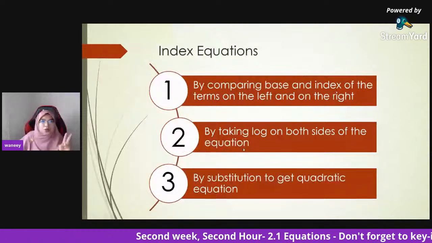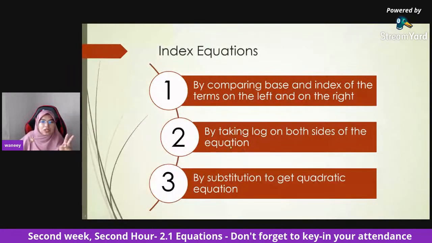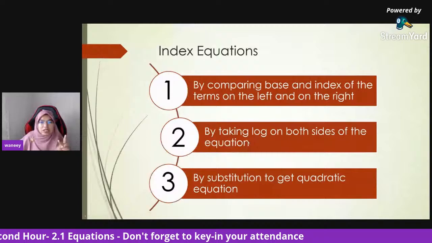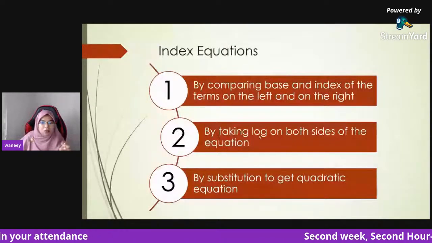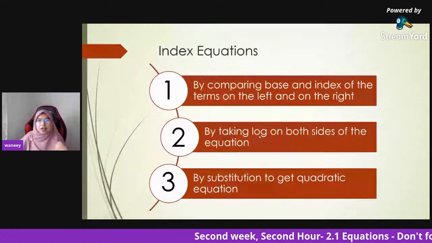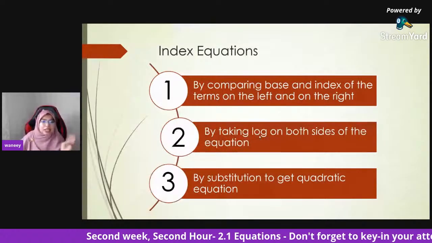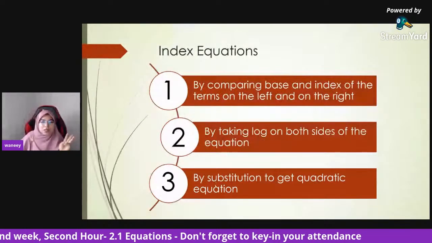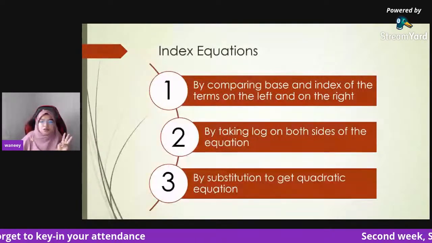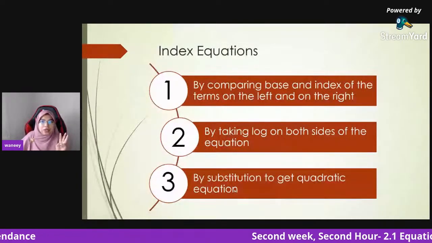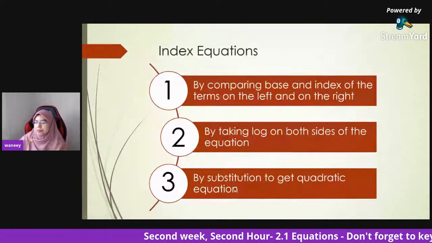Second, if we don't have the same base, if we don't see any common base between the two, then we can apply log on both sides of the equation and then find the value of x. The third method is using substitution to get a quadratic equation. I'll show you later on how to do substitution to get a quadratic equation and how to solve them.